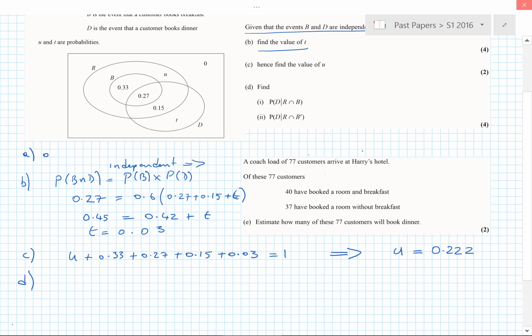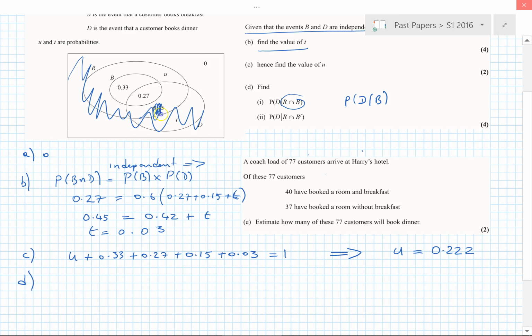So, looking at the Venn diagram, R intersection B, well, first of all, that's the same as the probability of D conditional on B, because R intersection B is exactly the same as B. But anyway, let's mark out where that region is, and get rid of everything that doesn't apply.